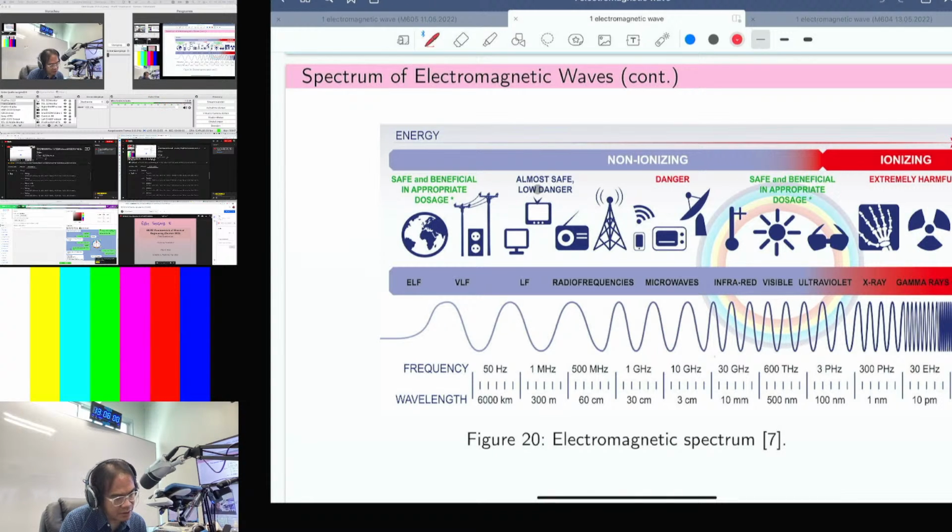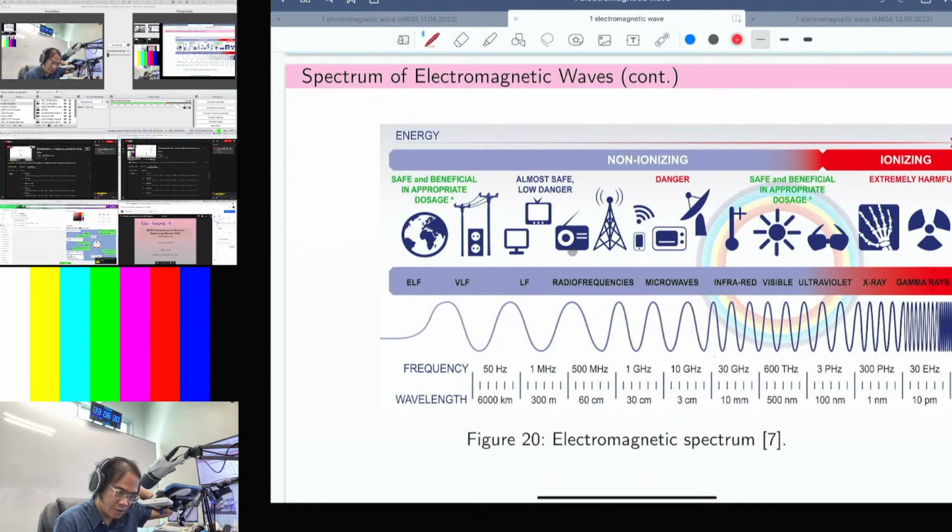What about the dangerous stage? It's almost safe, low danger. If you stay close to the television tower, you would receive something which is not very harmful to you. And once we go further to the right, the wavelength is shorter compared to the beginning one.